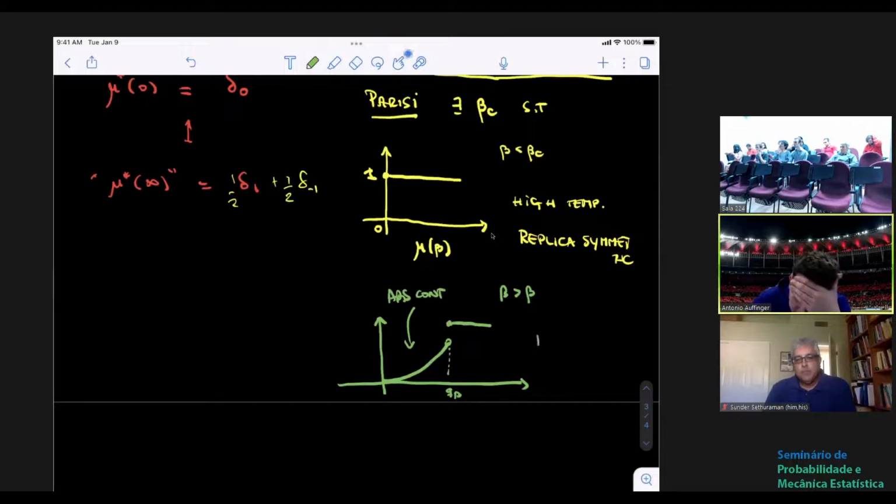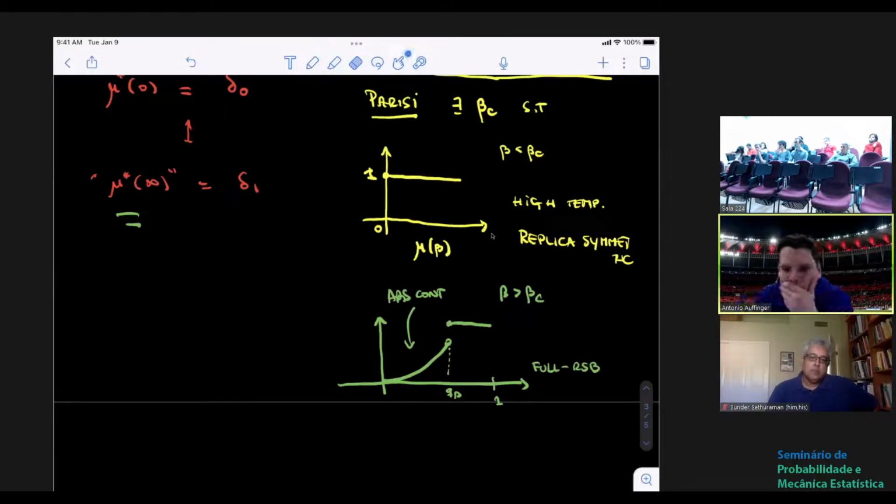This is what the physicists call the full RSB phase. And of course, when I send beta to infinity, this part of the distribution function gets shrunk, it goes down, and this is just moving to 1. That's how you recover the measure that I wrote first. Let me erase the one after I remove the symmetry. All right, so this is what Parisi predicted.